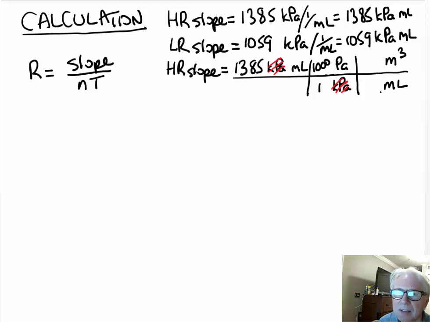And I know that, doesn't matter which way around I do it, 1 meter cubed is 100 times 100 times 100 centimeters, which is 10 to the 6 milliliters, cubic centimeters.